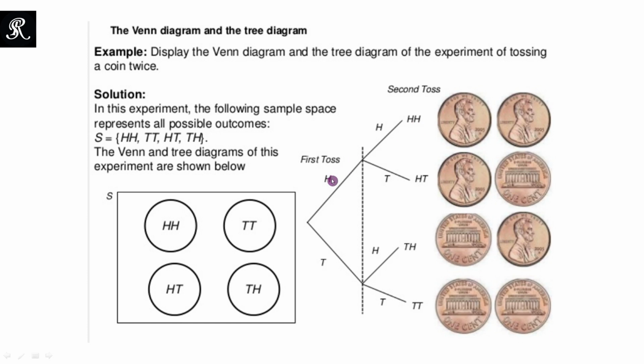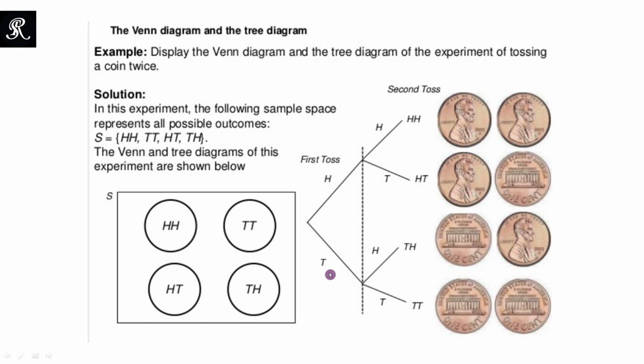And it might be possible that if we already got H on the coin and we toss that coin again, we get a T on the top face. So in this case, the possible outcome would be HT. So that would be head and tail.